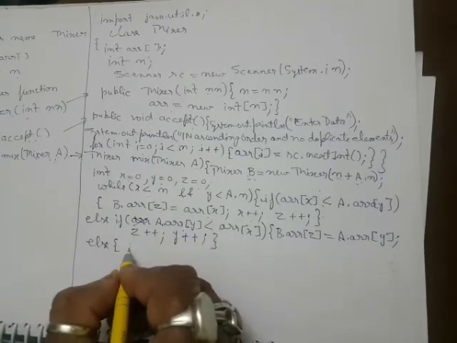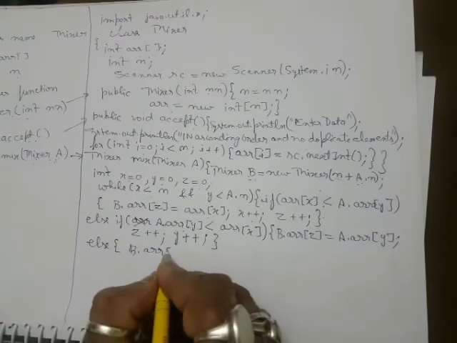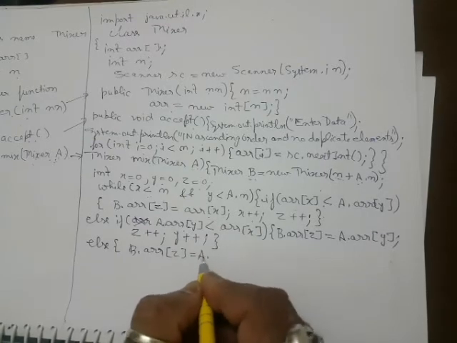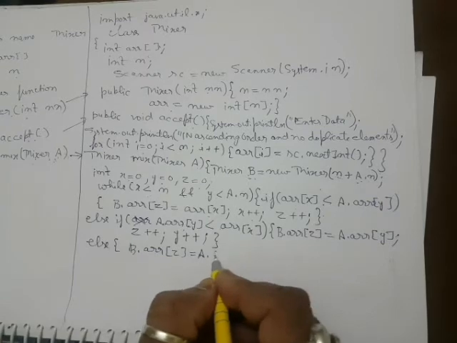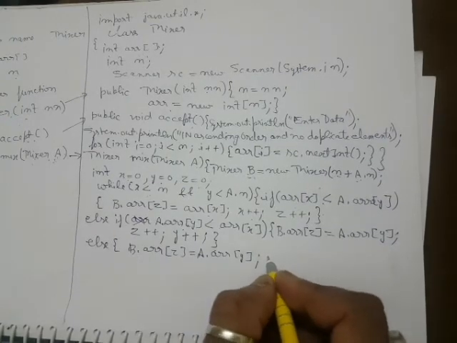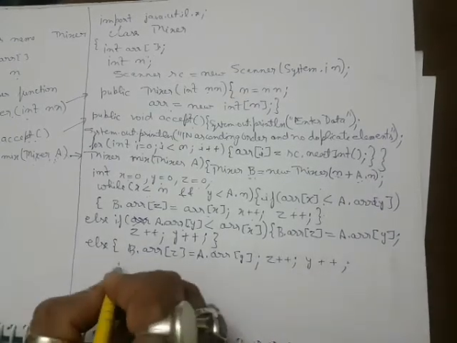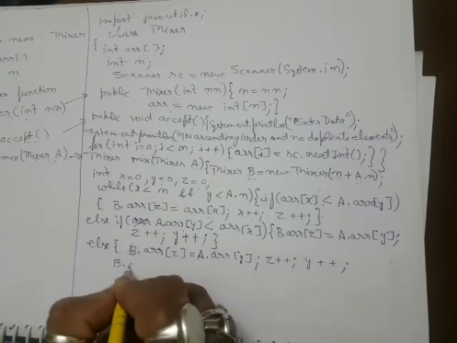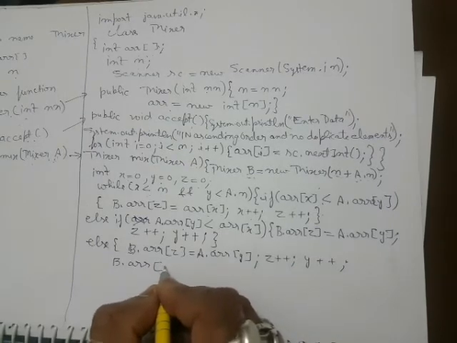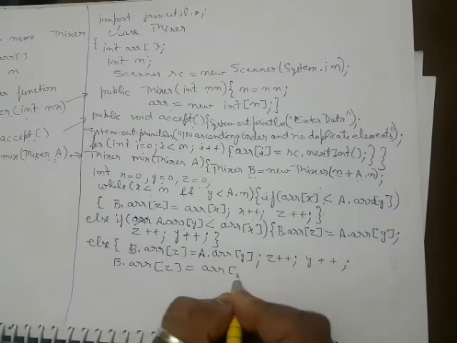So we write here b.arr[z] equals to a.arr[y]; and then we write z++, and then we write y++, and then we write b.arr[z] equals to arr[x].